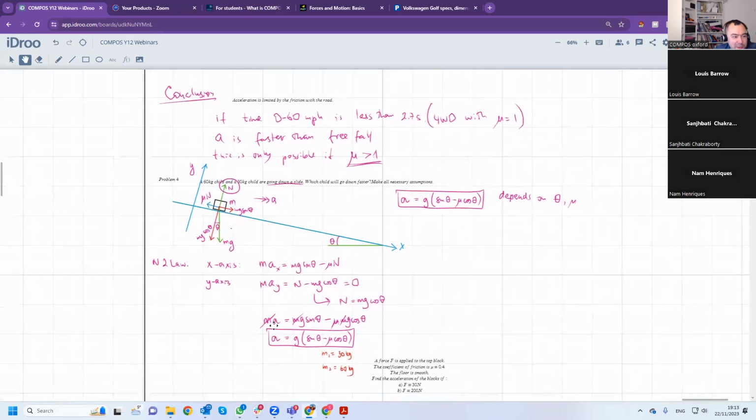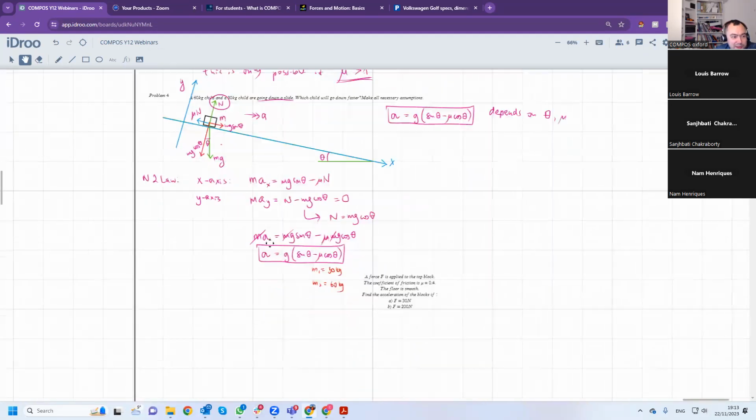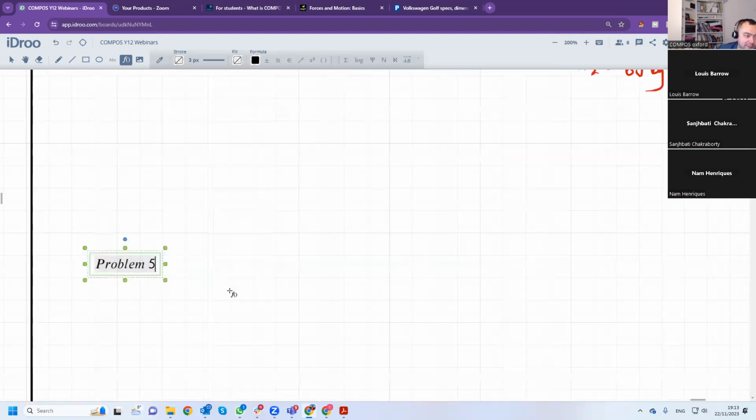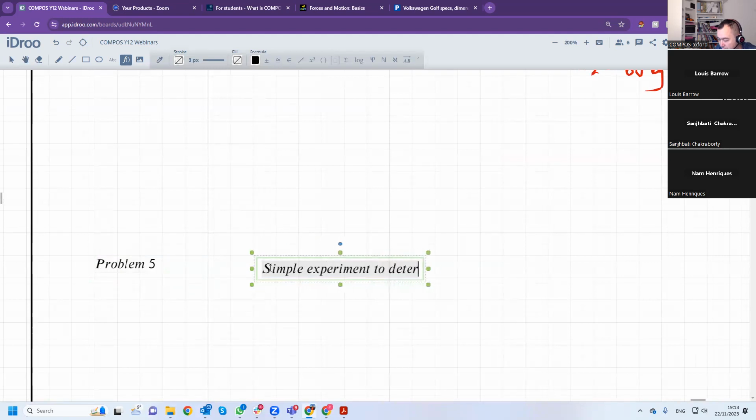One more thing I wanted to talk about is an experiment. So problem 5. A simple experiment meant to determine mu.